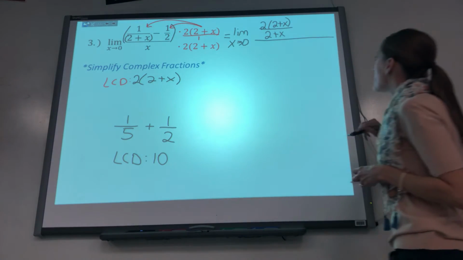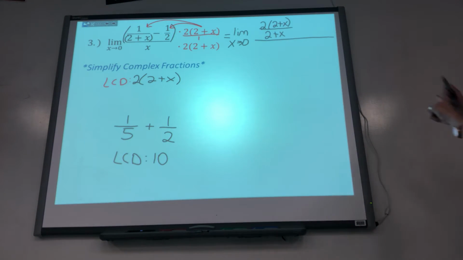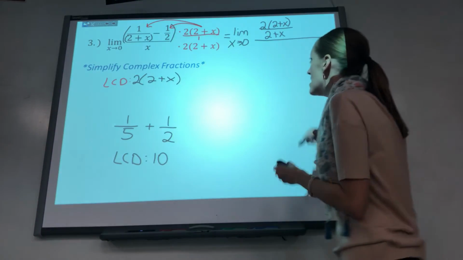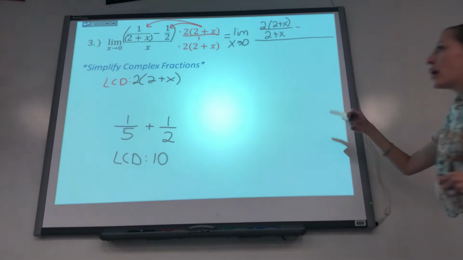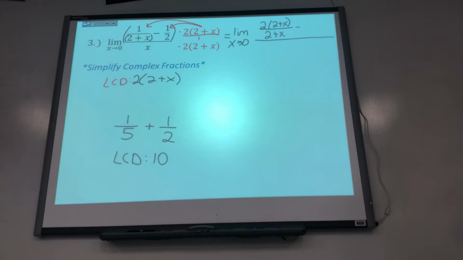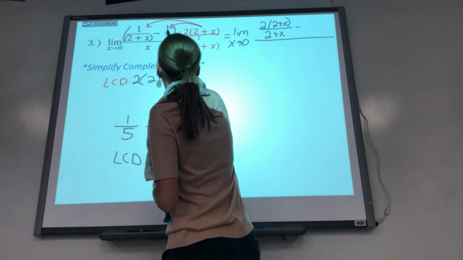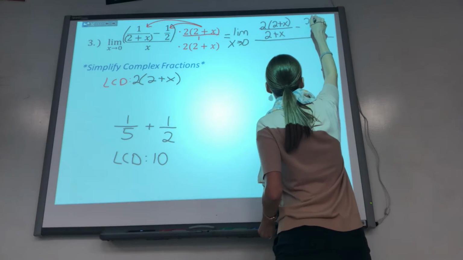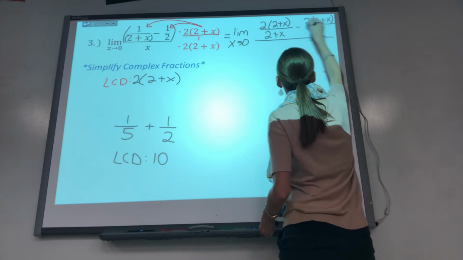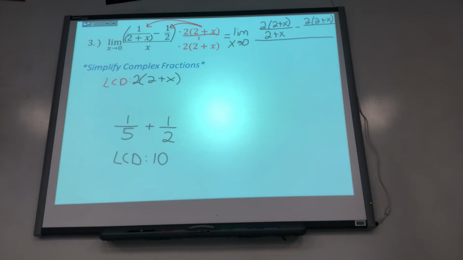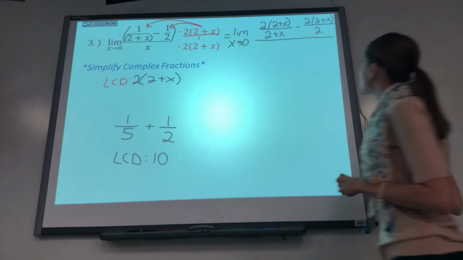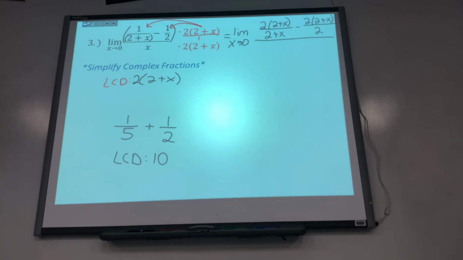So again, what I have up here right now is just what I got once I distributed to the first fraction. Now let's do that again with the second fraction. Okay, 1 times 2 plus x, that would just be 2 times 2 plus x. All over on bottom, it's like taking 2 times 1, which is 2. Now I'm going to come back to that part in a second.